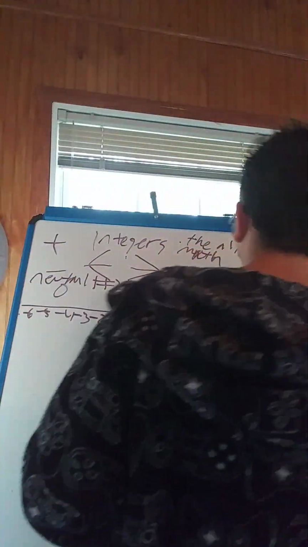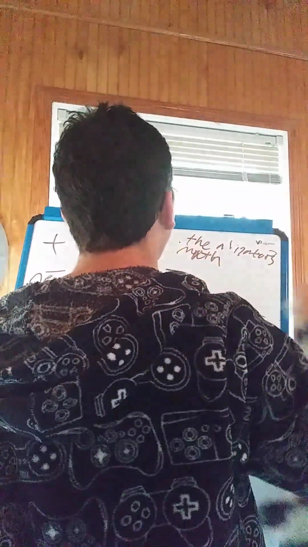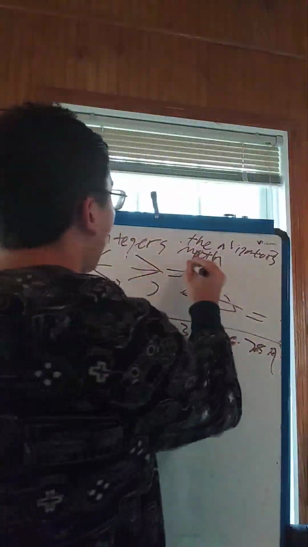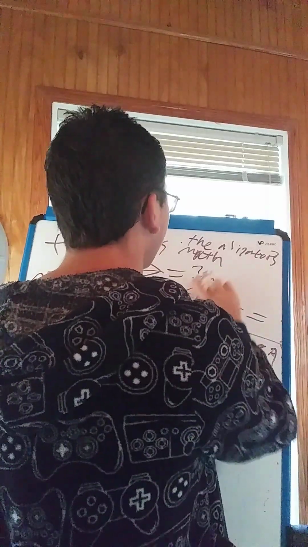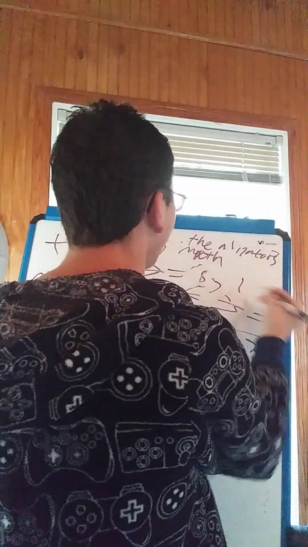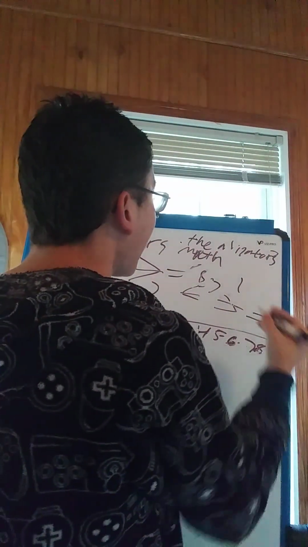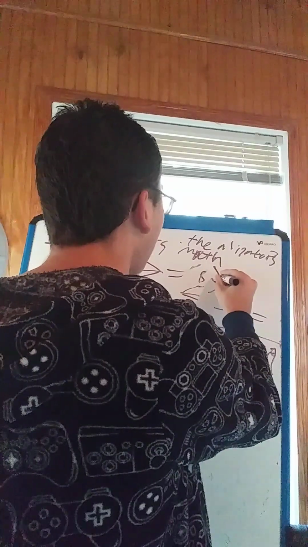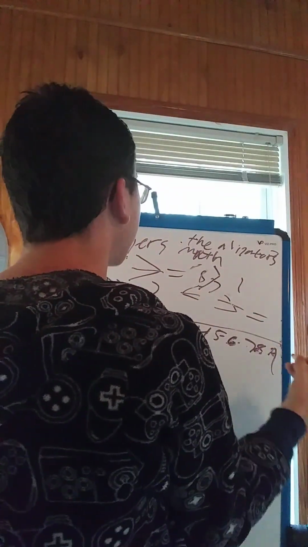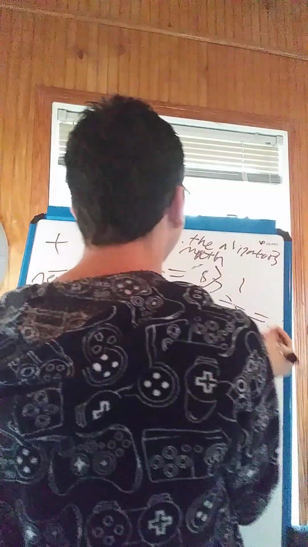So that's 1. Now let's do one more so that you can see what I'm talking about. Let's use another number. 8, and then 1. Which one is greater than the other? Well, 8. So you would draw the mouth to 8, or positive 8, because both of these are positive, and 8 is further.